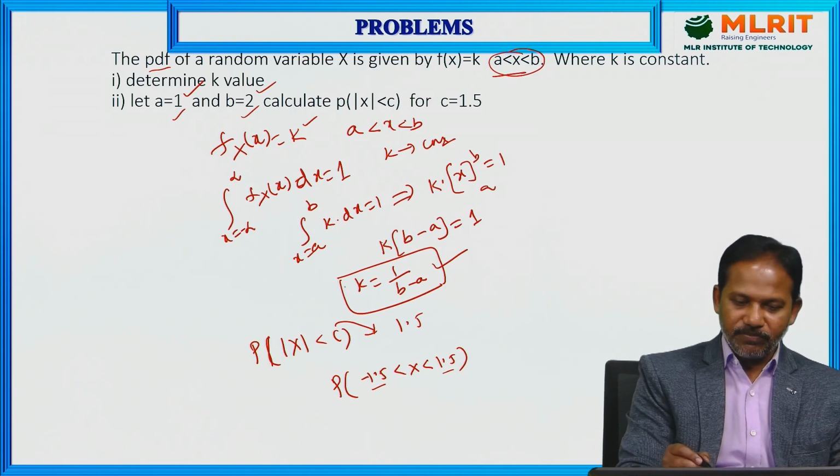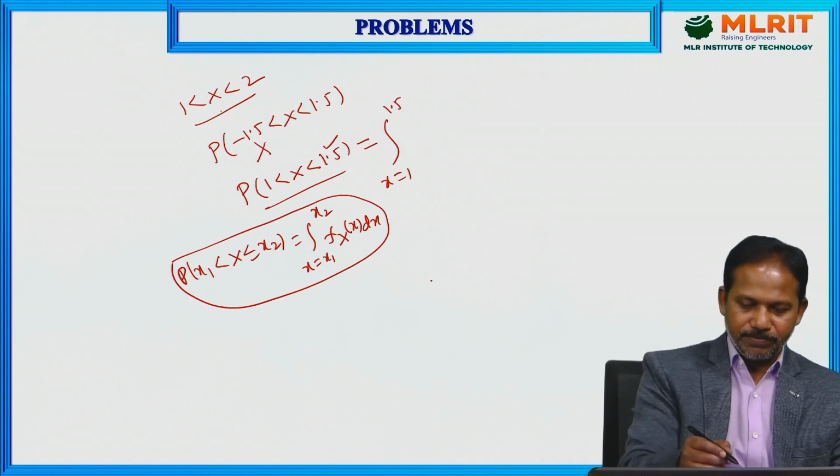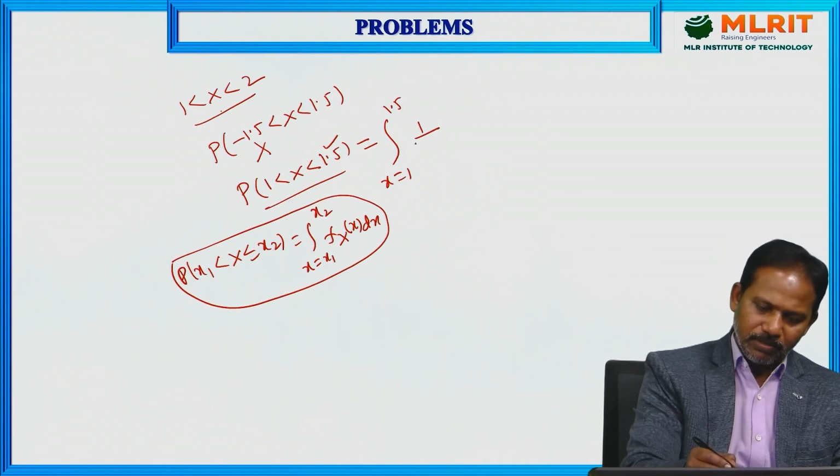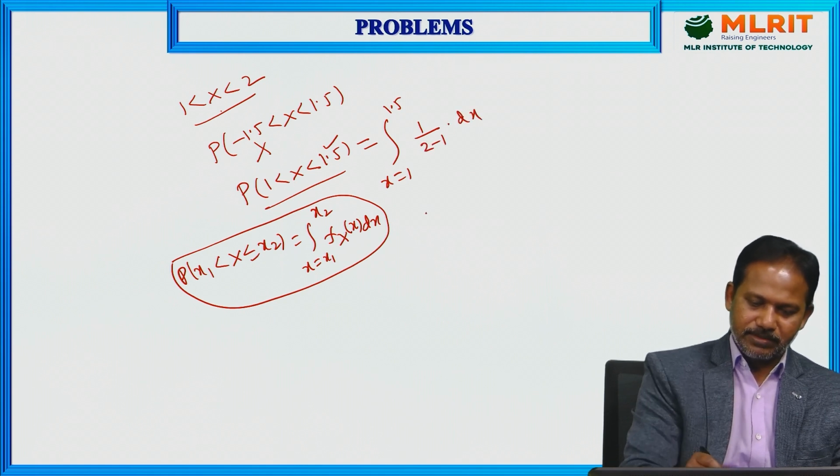My density function is k. K means 1 by b minus a. Here b will be taken as 2 and a will be taken as 1. That is 1 by 2 minus 1 with dx. So here integral of x equal to 1 to 1.5, 1 by 1 with dx.